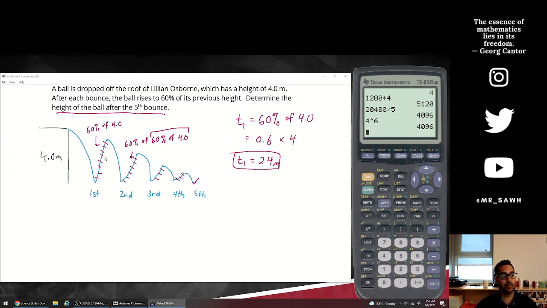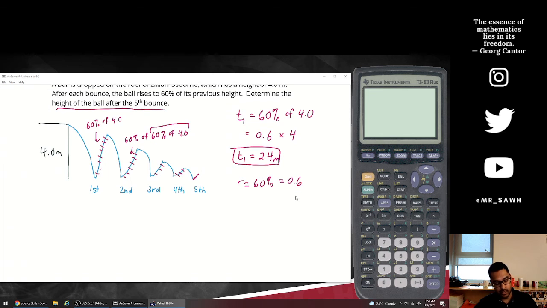That is how high this ball reaches after the first bounce. Now the ratio here, it's always in terms of 60% of your previous height. So 60% of 2.4 will get me height number 2. So my ratio here is going to be 60%, which is the same thing as 0.6. Right? There is my ratio. That's what we're multiplying by.